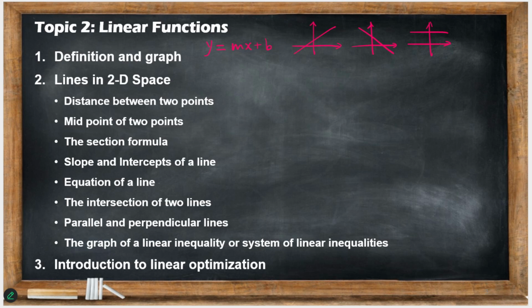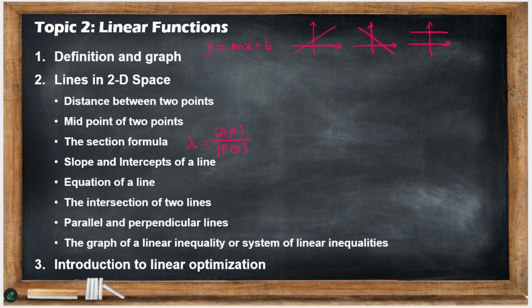Then the section formula helps us to find a point that divides a segment either internally or externally, with a ratio lambda. Lambda is the ratio between AP over PB. Do not confuse the order. The order must be AP over PB.